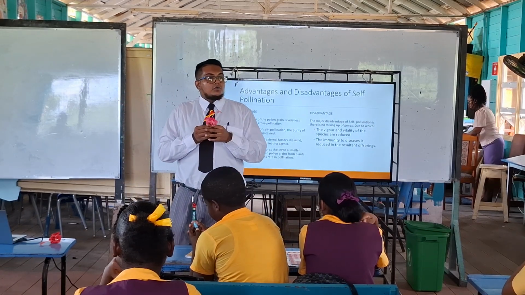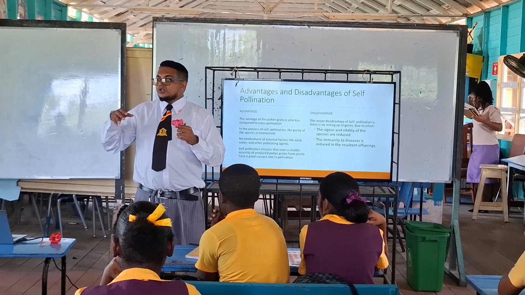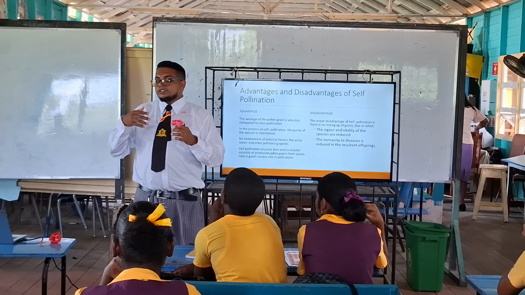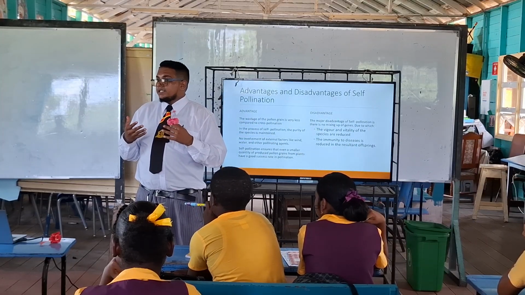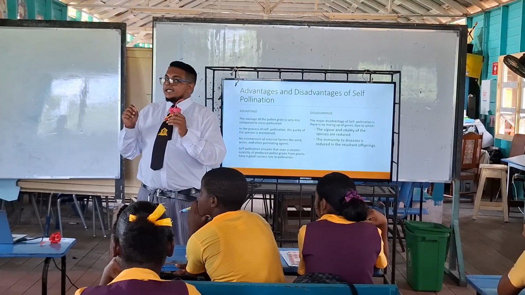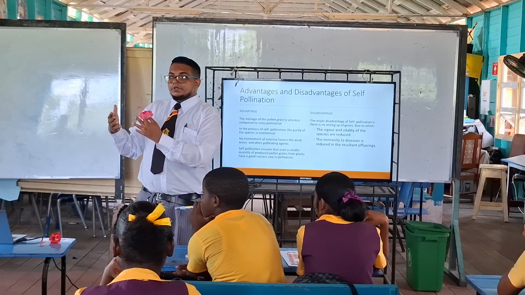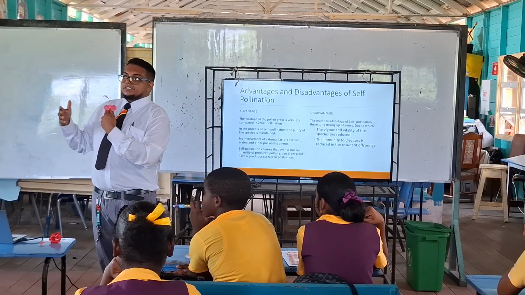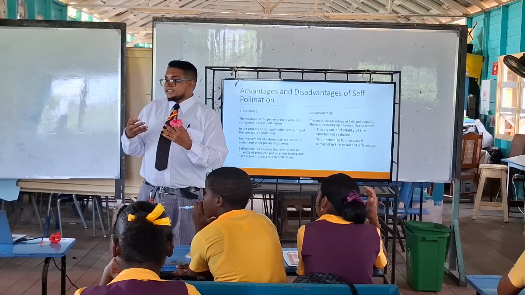So most times, Down syndrome and so on happens because of mutation occurring during fertilization. And a lot of times these diseases come about due to inbreeding, meaning that the genetic material doesn't exchange and they become susceptible to diseases.